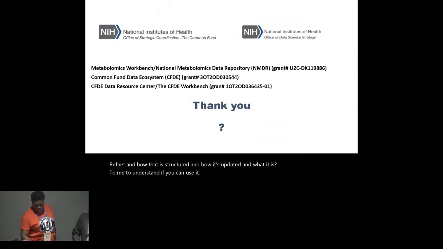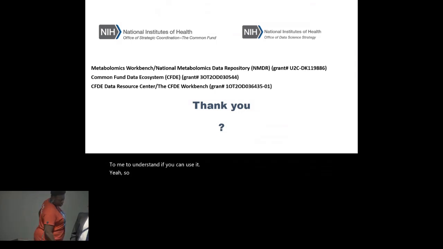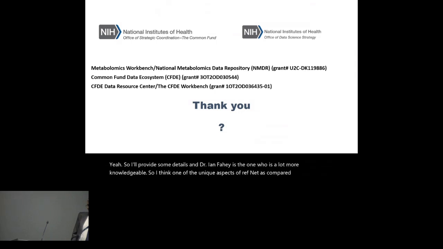Yeah. So I'll provide some details, and Dr. Yuan Fei, he is the one who is a lot more knowledgeable. So I think one of the unique aspects of RefMet as compared to any other ones is that here we provide the option to use names across various levels of the measurements. And what I mean by that is, in some cases, you don't know the precise structure, but you know parts of it.